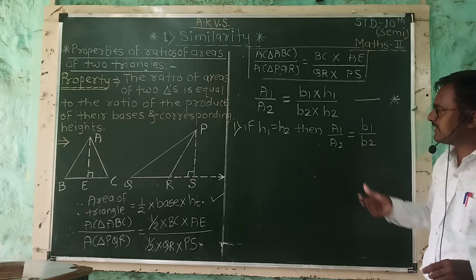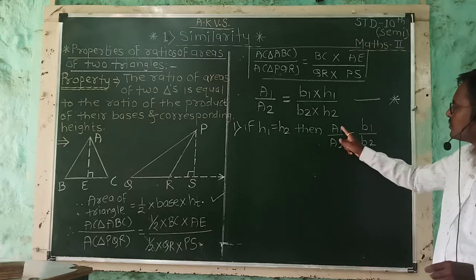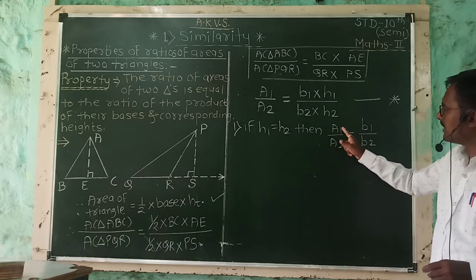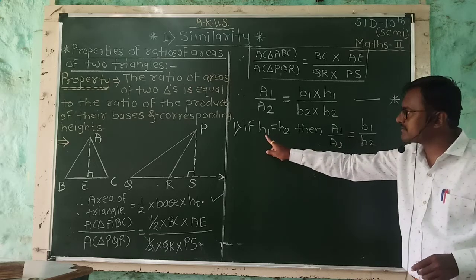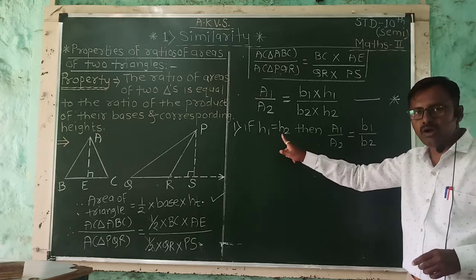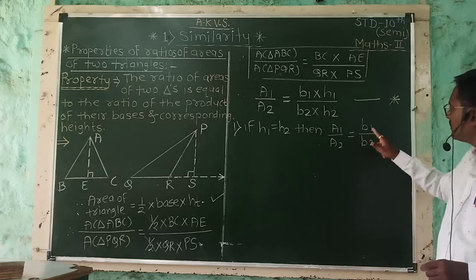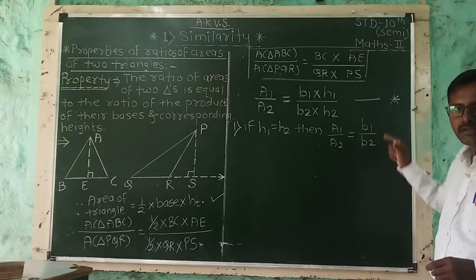You must say in words: the ratio of areas of two triangles with equal or common height is equal to the ratio of their corresponding bases.